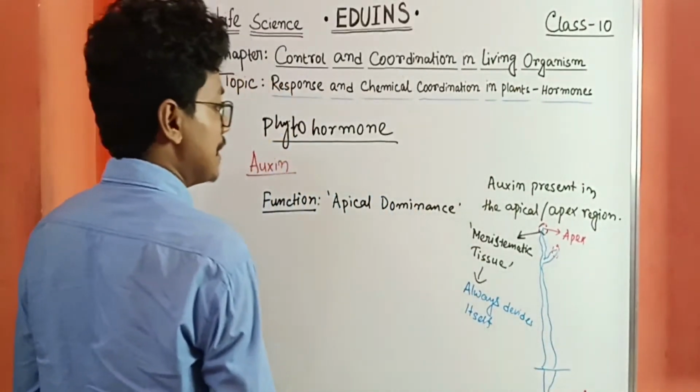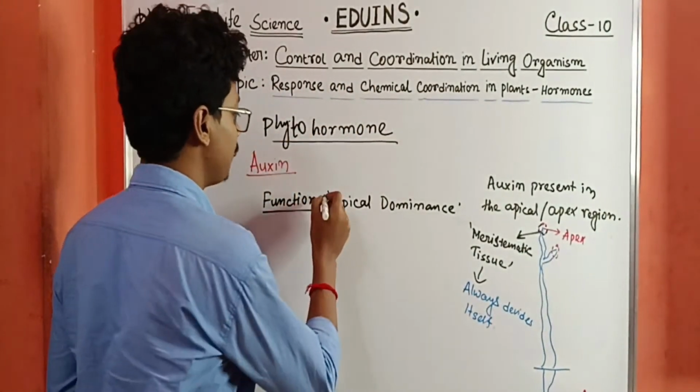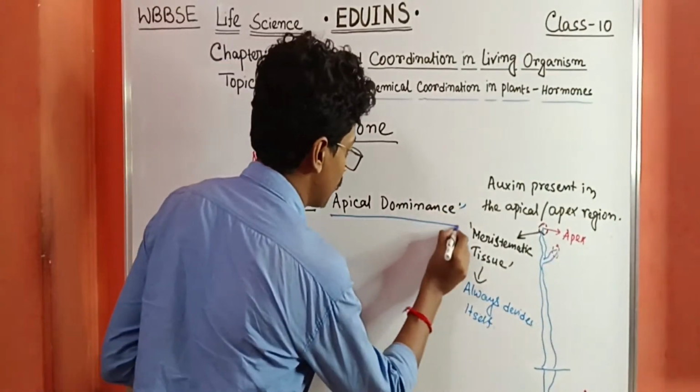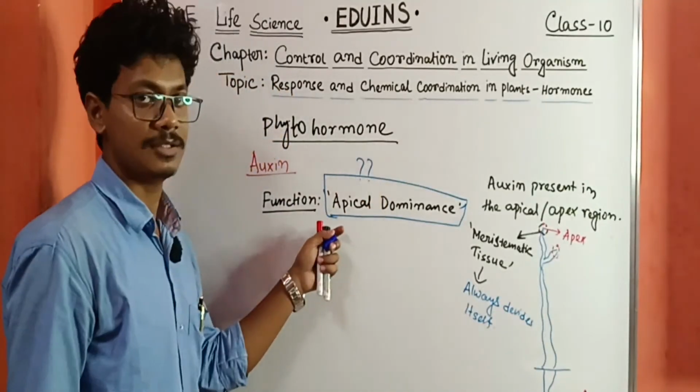So in the apex region they have the meristematic tissue and they function for apical dominance. This is also important for your exam: what is apical dominance.